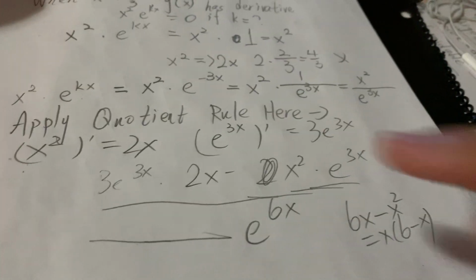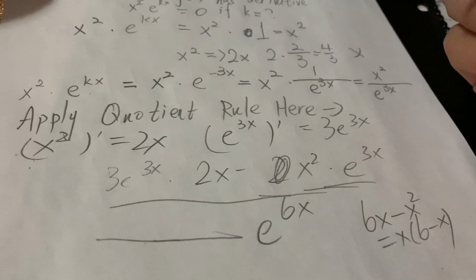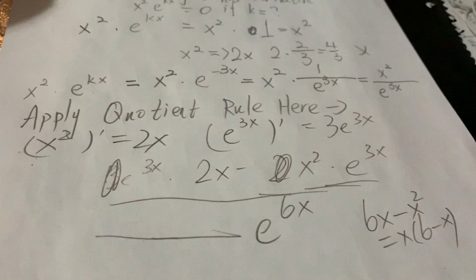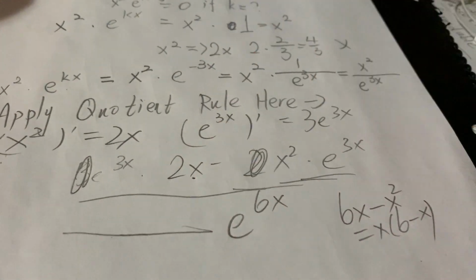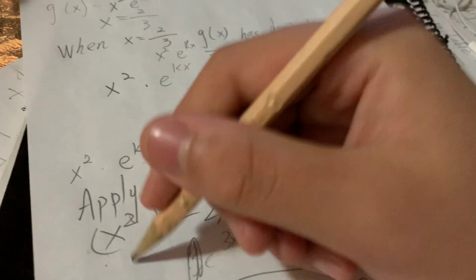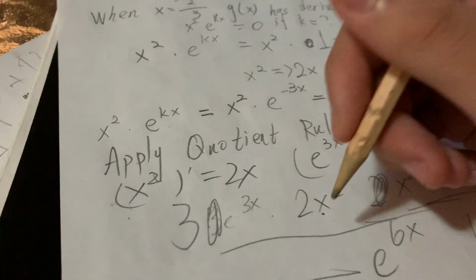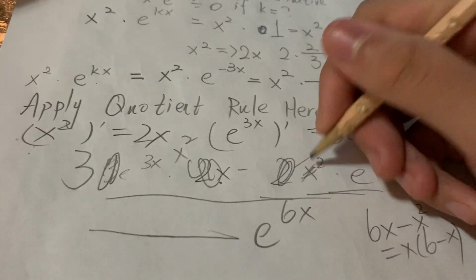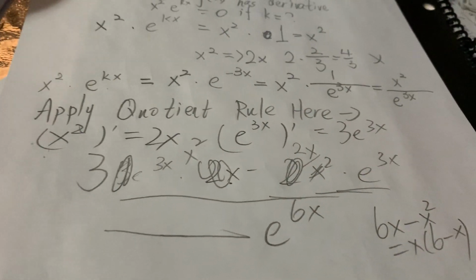Never mind, I calculated some part wrong here. F prime x times g x, minus f x times g prime x, divided by g squared.